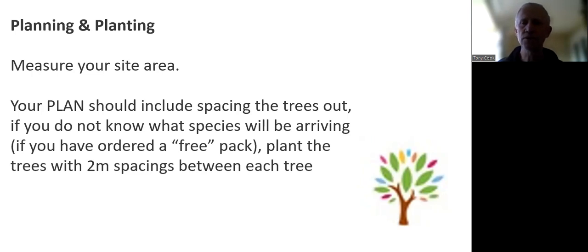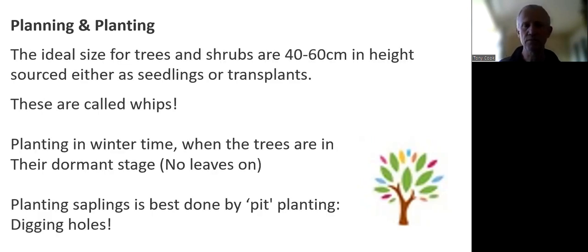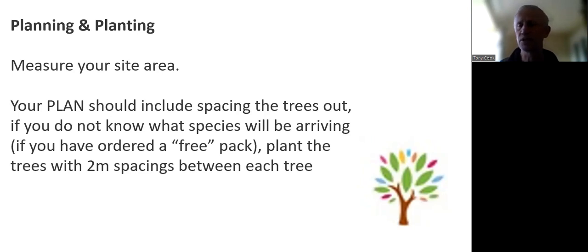If you're a school and you're receiving one of those free school packs, very often you might not know what trees you're going to get in the packs. There might be a suggested range of species that you might receive, and so it makes the planning of that process a little bit more difficult.